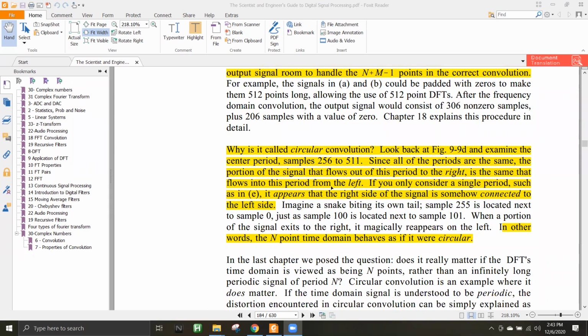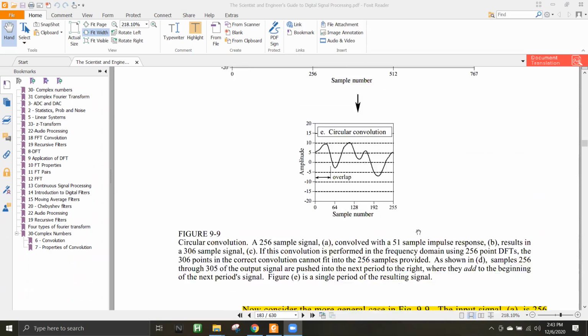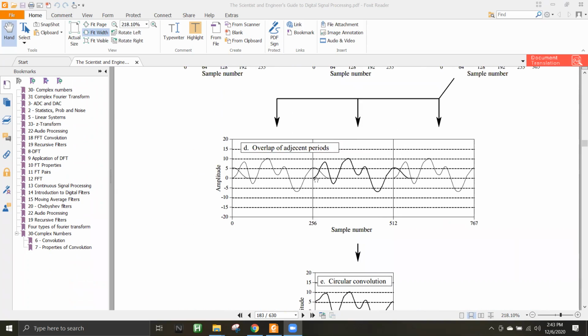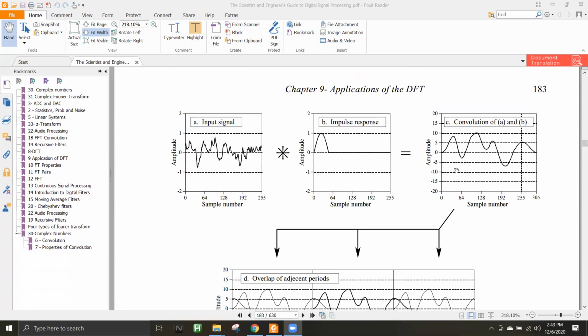So this is what it says here. The whole frequency domain can be considered as a ring, or a snake biting its own tail. As if the whole endpoint time domain behaves as if it were circular. So the whole thing can be considered as if this point is connected to this point.